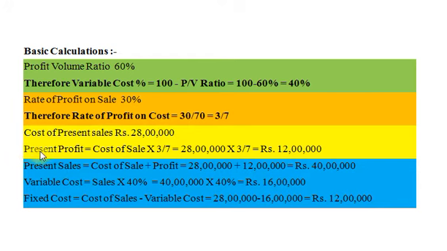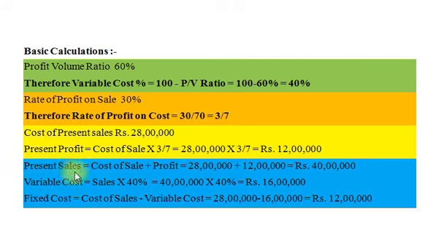Therefore, our present profit would be equal to cost of sales into rate of profit, that is 3 by 7. That is 28 lakh multiply 3 by 7 is equal to rupees 12 lakh.